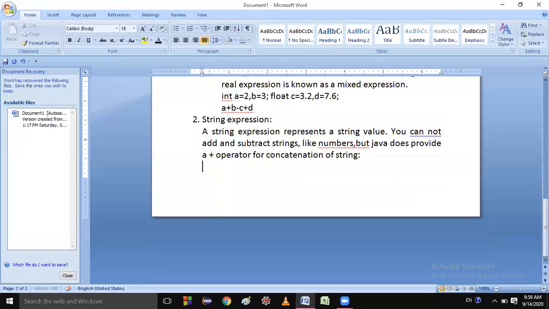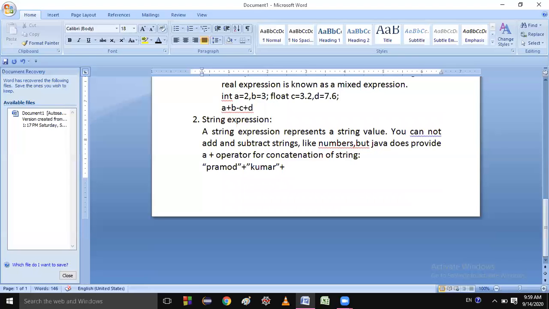Let me explain. Suppose students, you have written "Pramod" and you write a plus and then "Kumar". Then the answer will be Pramod Kumar. So the plus is used for adding the two strings, and this is called the concatenation operator.